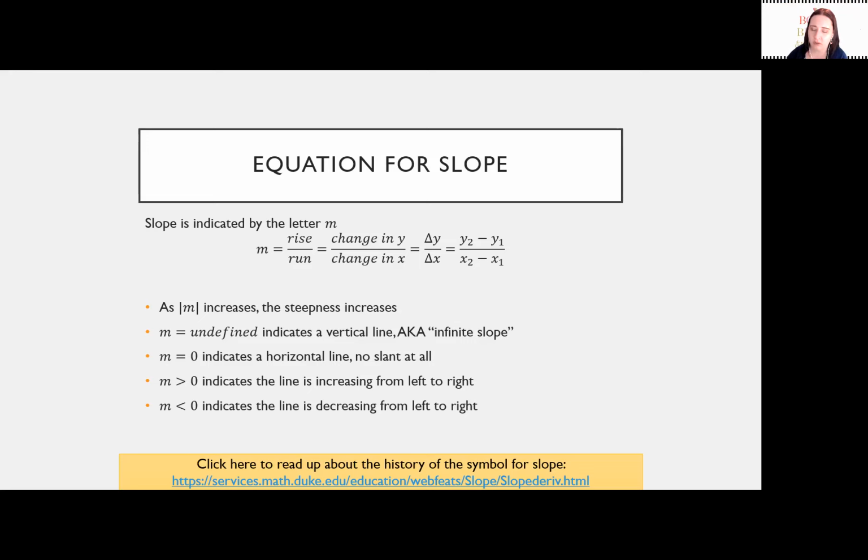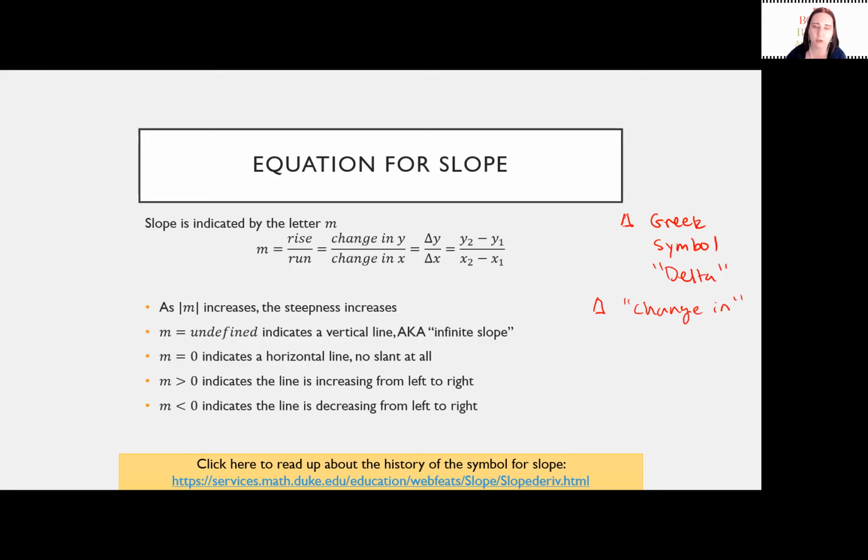You can also see it with this triangle symbol here. The triangle is the Greek symbol delta. That is a capital delta. And that symbol basically means change in. So it's literally a shortcut.